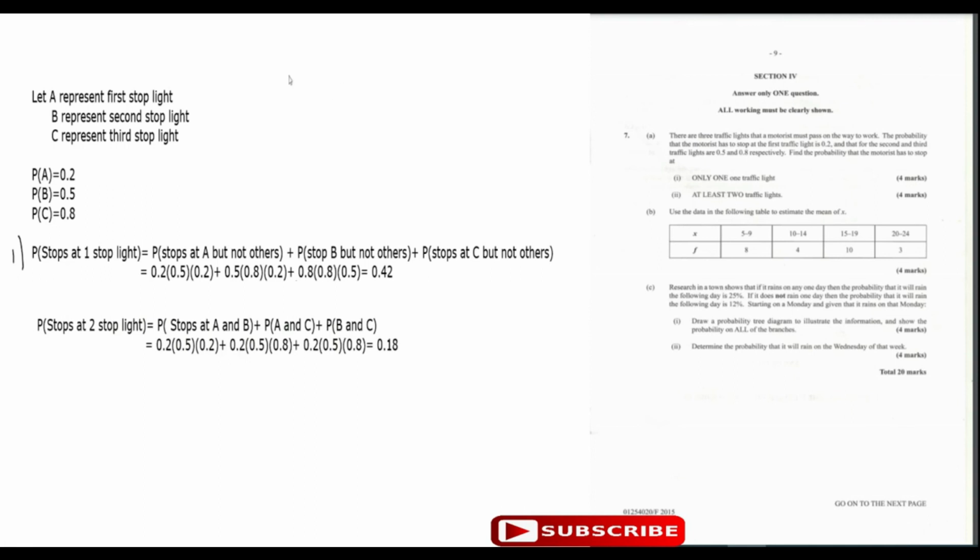Now part B. Part B says, use the data of the following to estimate the mean. So before we can estimate the mean, I want to put down that table here.